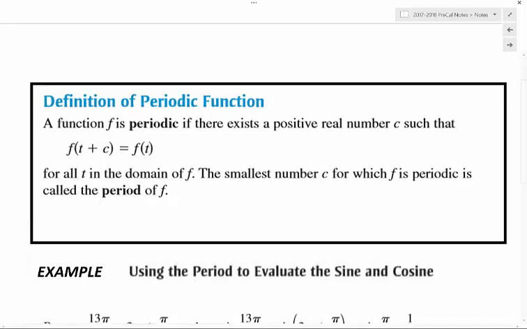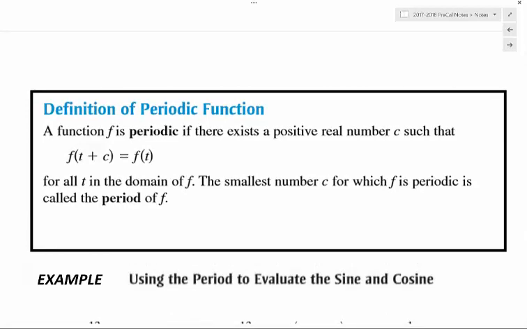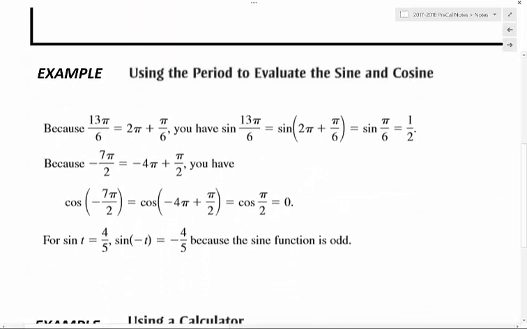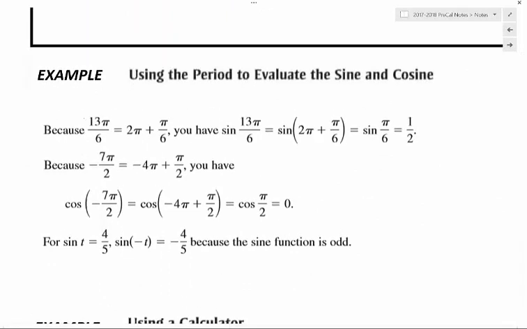So for example, using the period to evaluate sine and cosine, let's say that I had 13 pi over 6. Well, 13 pi over 6 is greater than 2 pi. This would become 390 degrees.